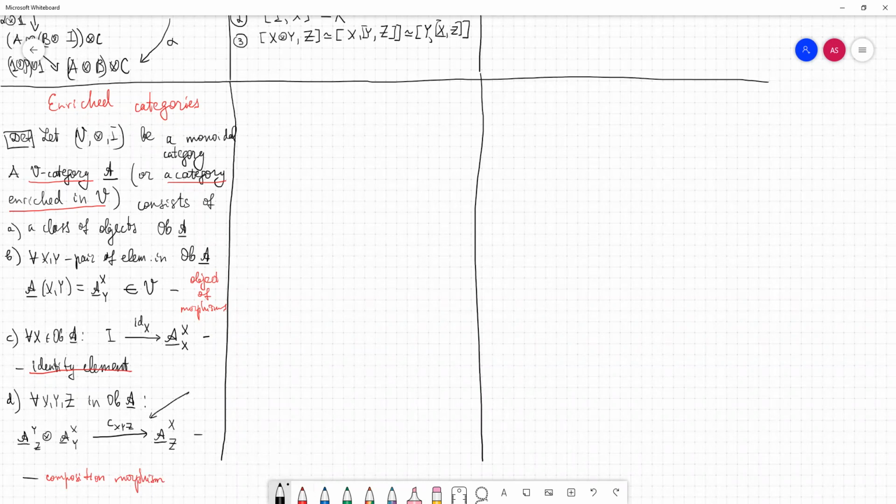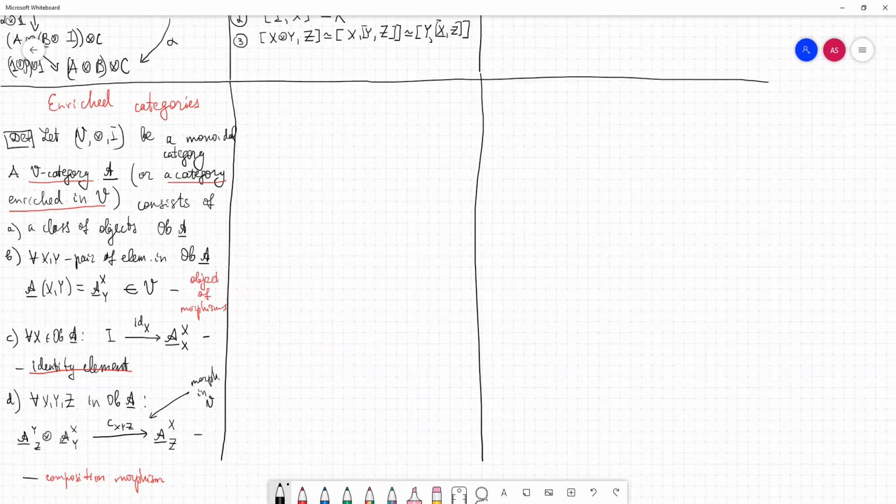This morphism lives in category V, as Homs are not sets anymore, but objects.